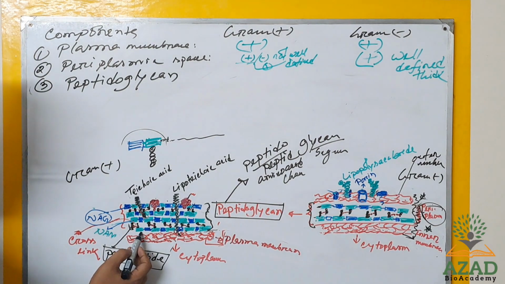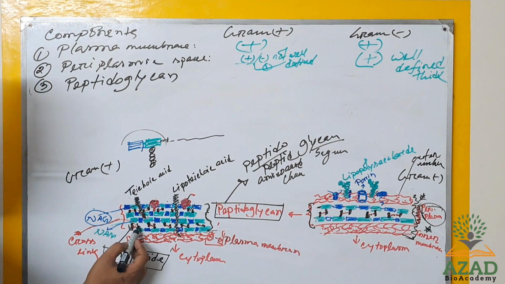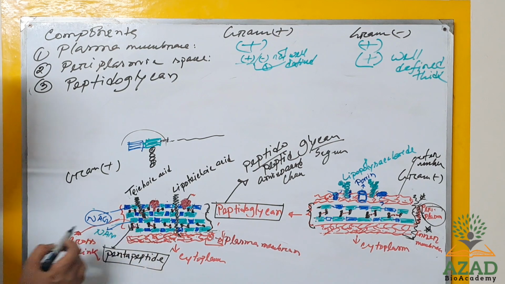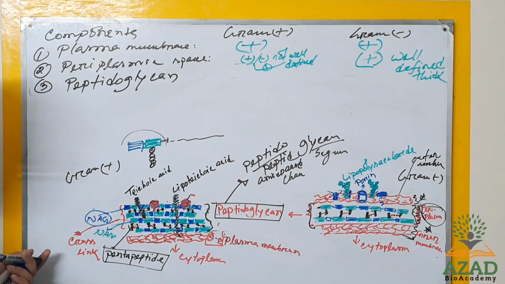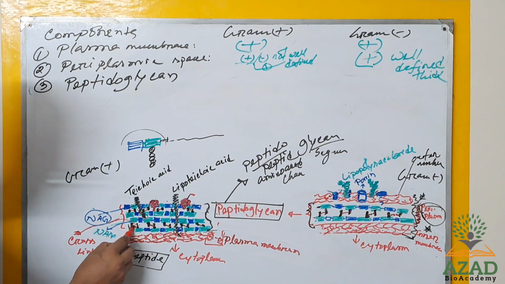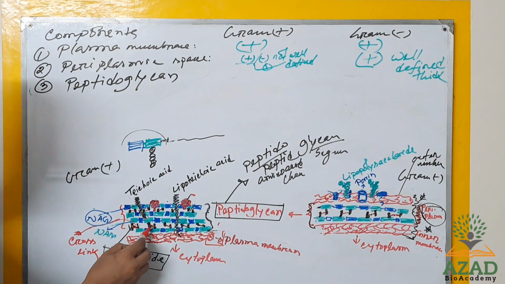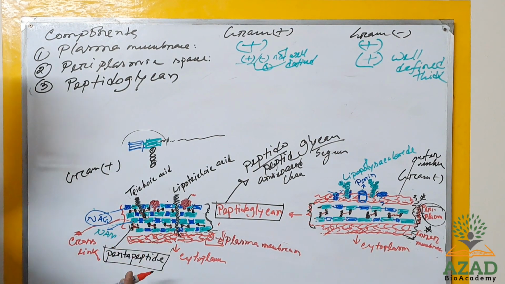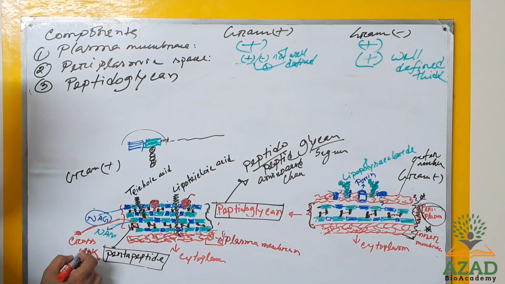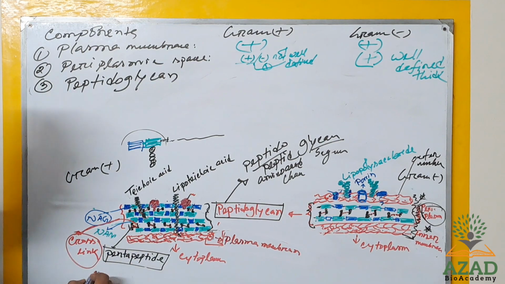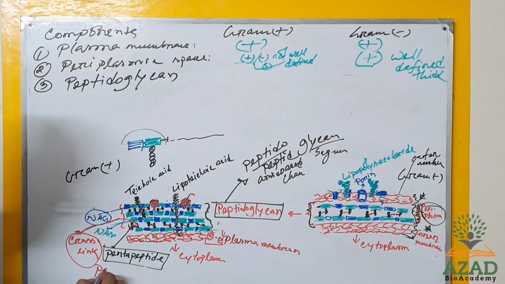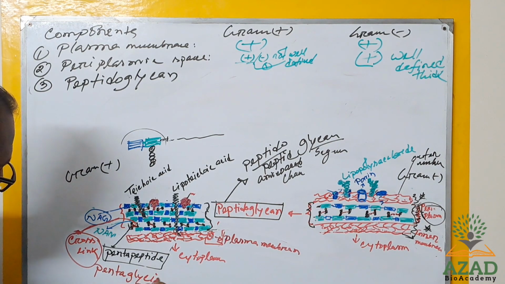And here this NAM is also carrying a pentapeptide. In between the pentapeptides, here is a bond, a cross-link. Here is the cross-link. The cross-link can be made up of pentaglycine.